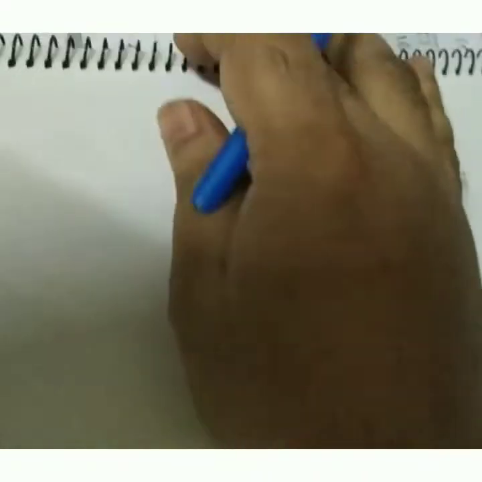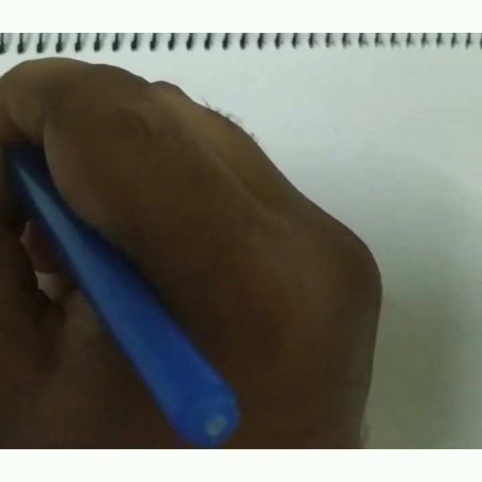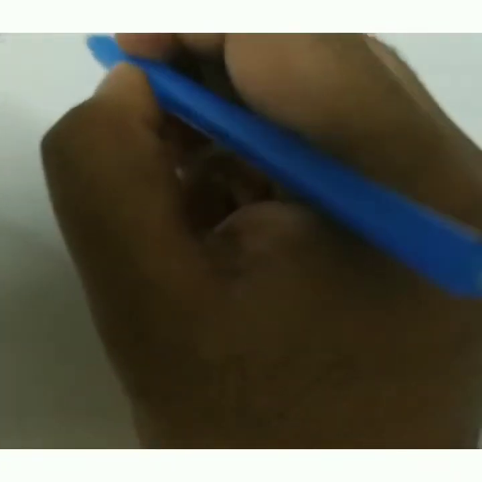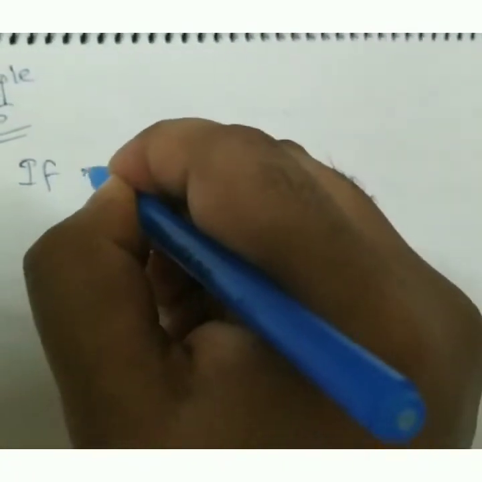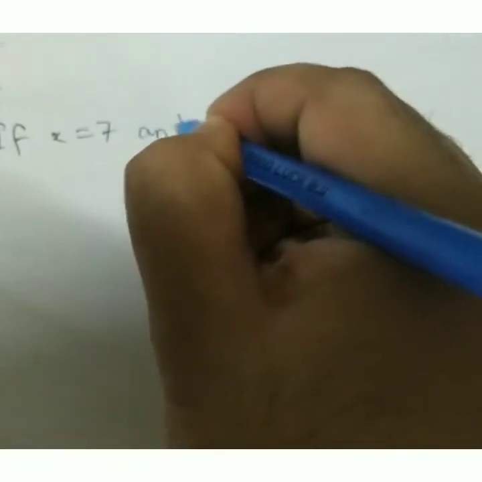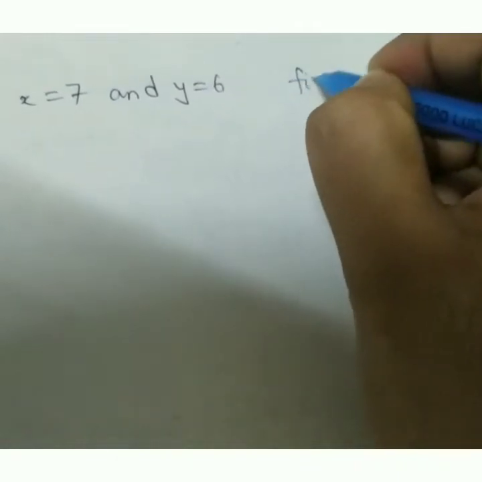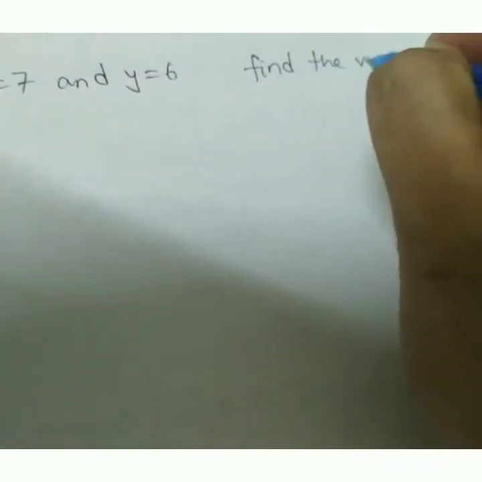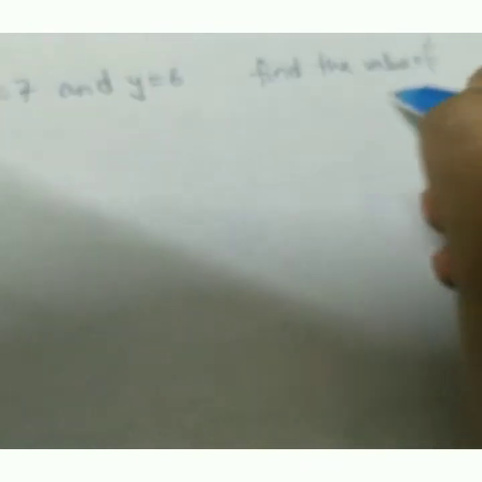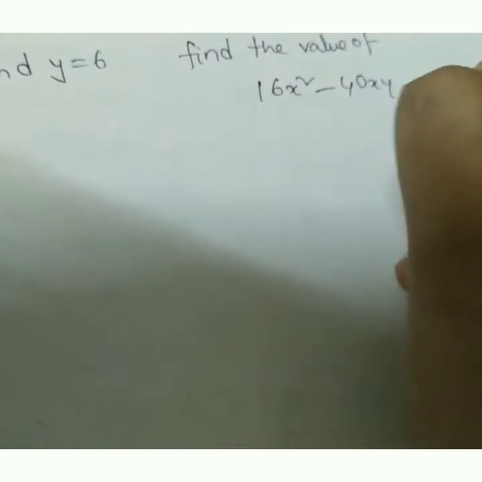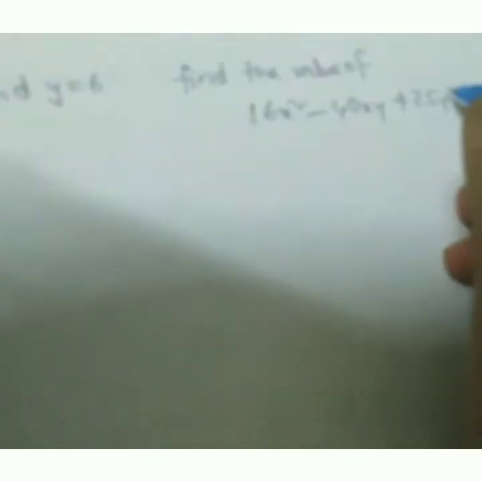Okay, next let's move on to example 15. So the question is, if x equals 7 and y equals 6, find the value of 16x square minus 40xy plus 25y square.